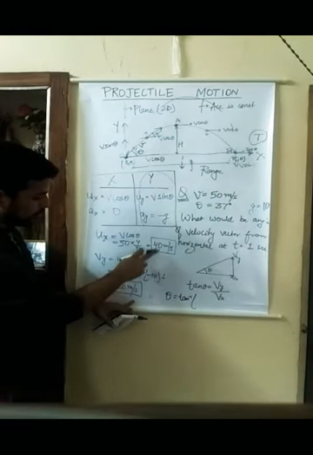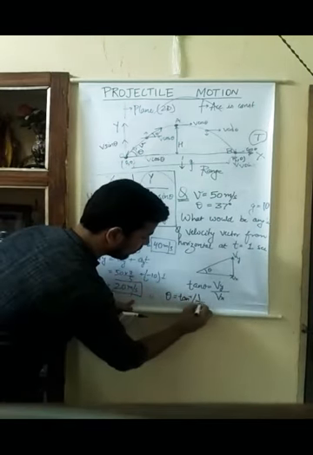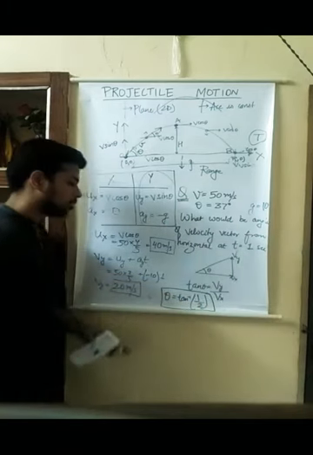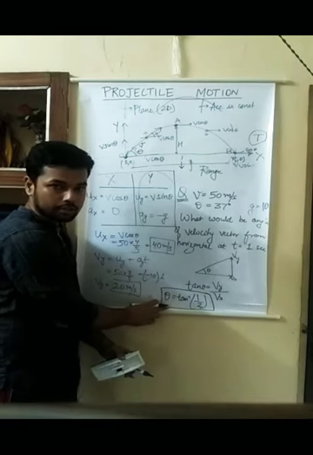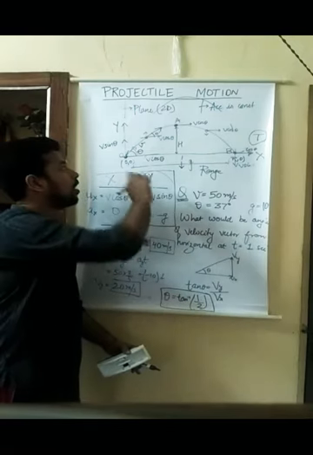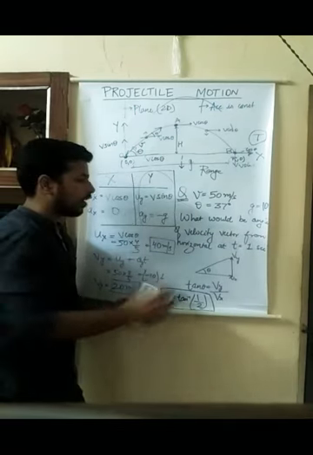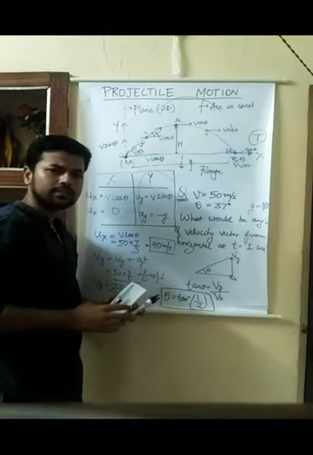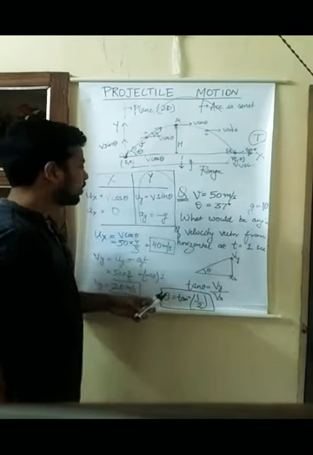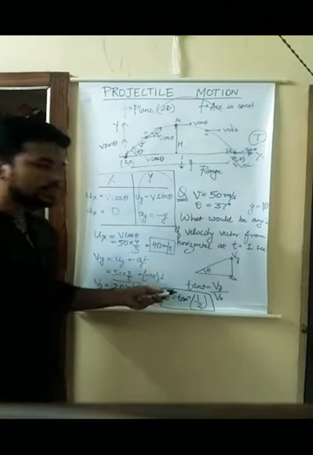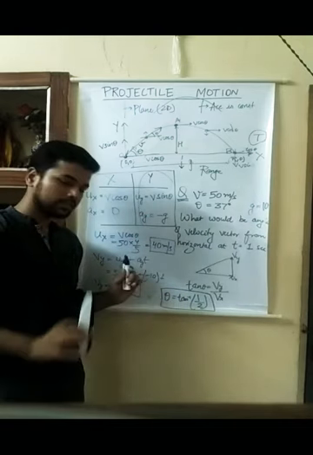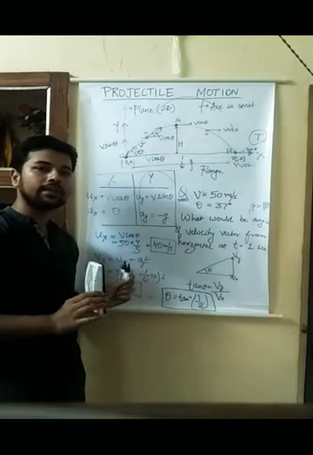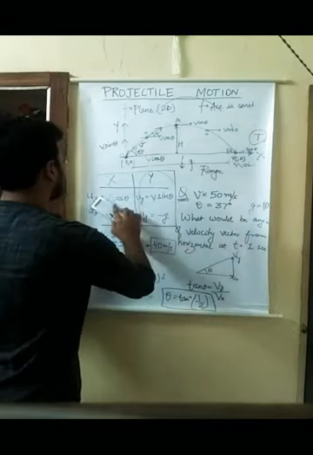Vy is 20, Vx is 40, that would be 1 by 2. So this is the angle from horizontal that our velocity vector will make at time equal to 1 second. This is a fairly simple problem, and as you can see, we can solve such problems without using any derived formula, just kinematics in x and y direction.